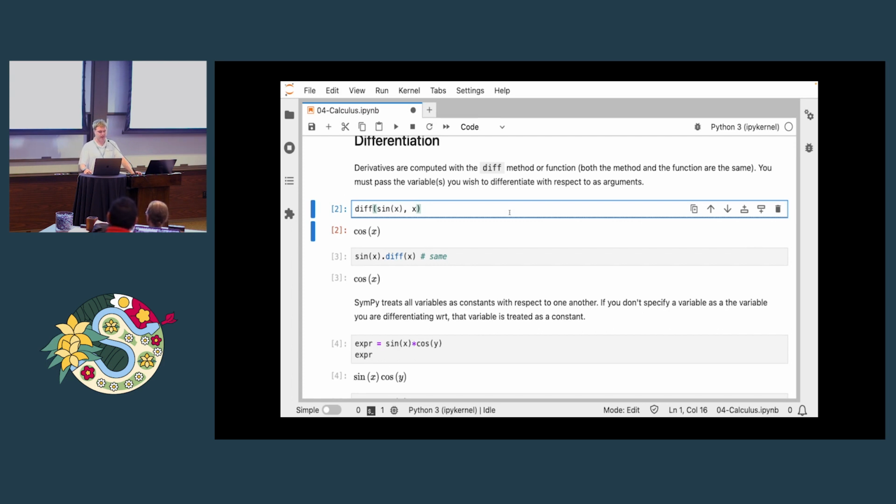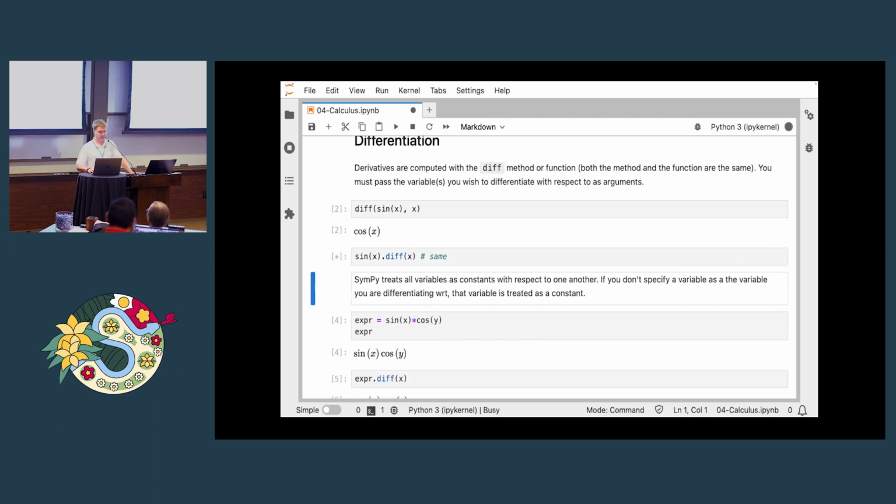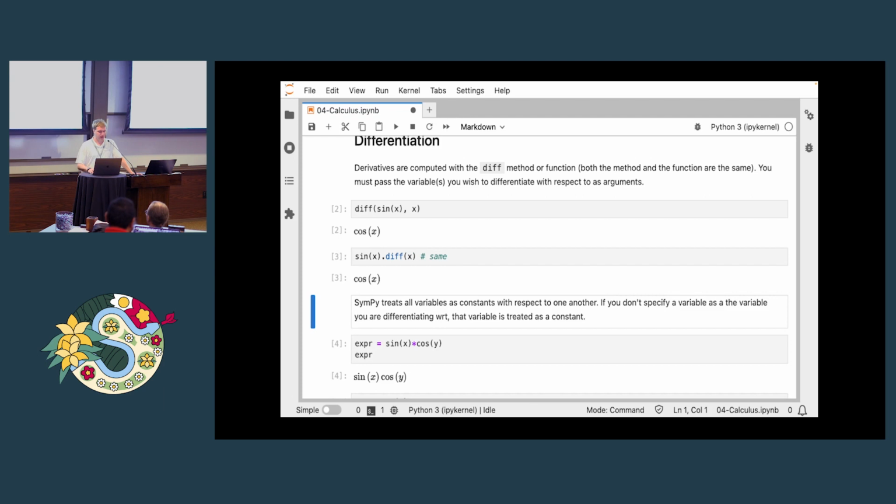For that, we have the diff function. diff takes an expression and the variable you want to take the derivative with respect to. You can also use diff as a method, in which case you just pass the variable as the argument to the method. So these are the same thing. SymPy automatically will treat any variable as a constant unless you tell it that you want to take the derivative with respect to it.